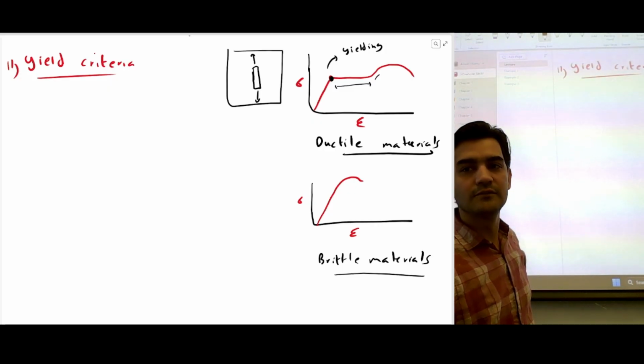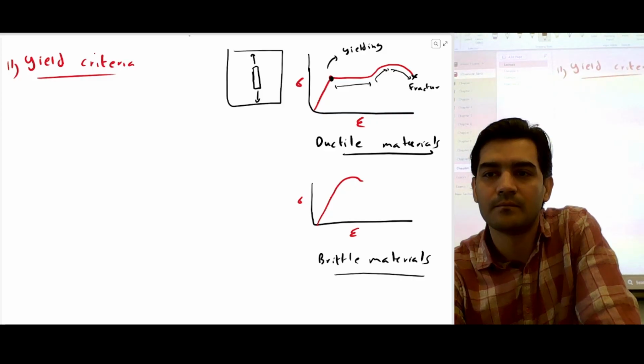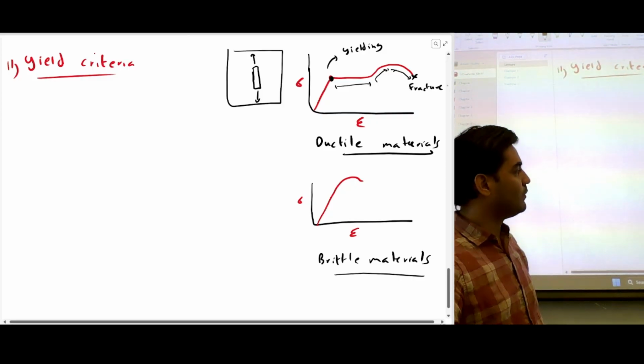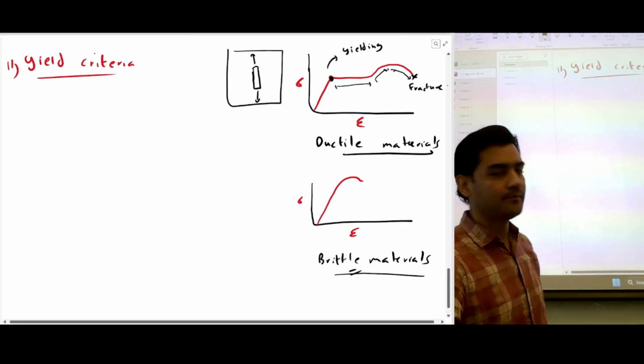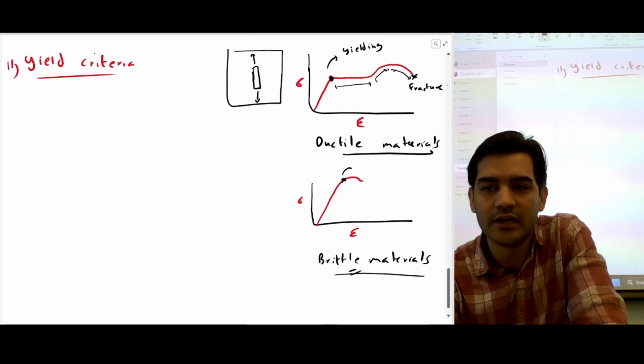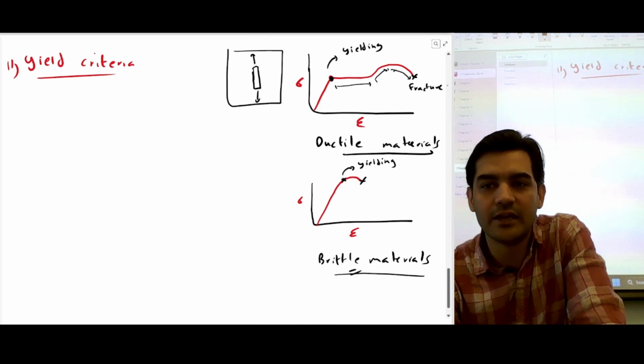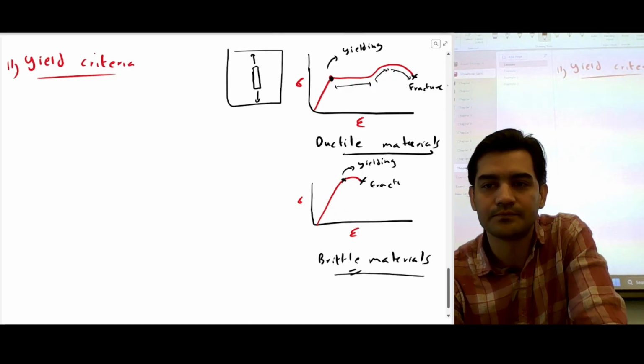You will observe strain hardening, then necking, and then fracture here. So that's fracture. But when we talk about brittle materials, you will observe yielding somewhere here, which is not predefined usually, and right after yielding, you will observe fracture.